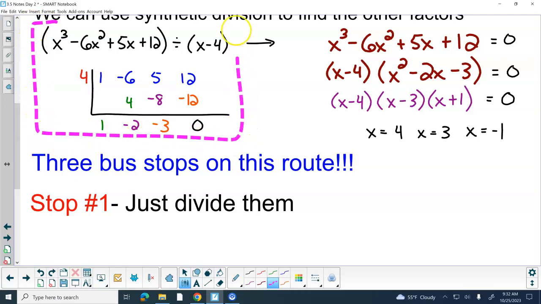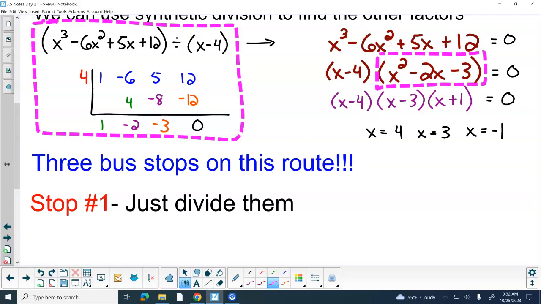That was this step right there. That is just the straight up dividing, and you get this as your answer. With me? That's stop number 1, where it's just a divide problem.